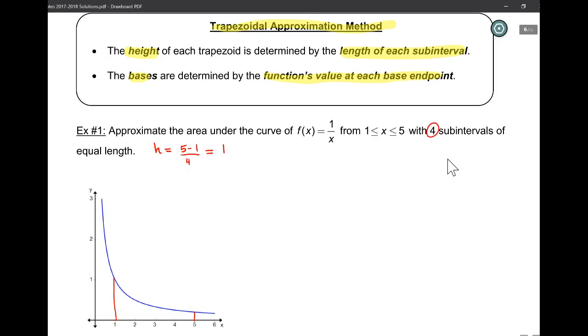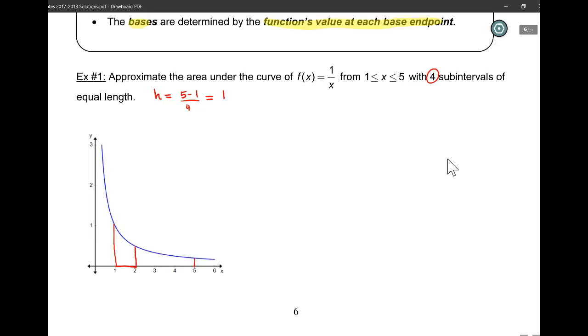So basically each height, from 1 to 2, is going to be 1. Then from 2 to 3, from 3 to 4, from 4 to 5. So we're picturing these trapezoids connecting.